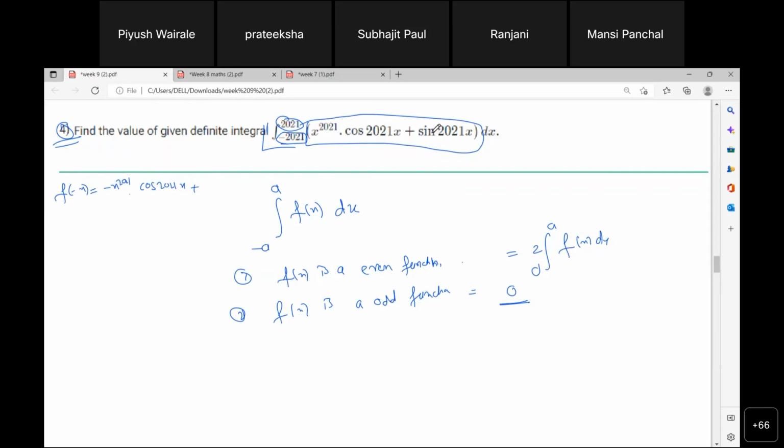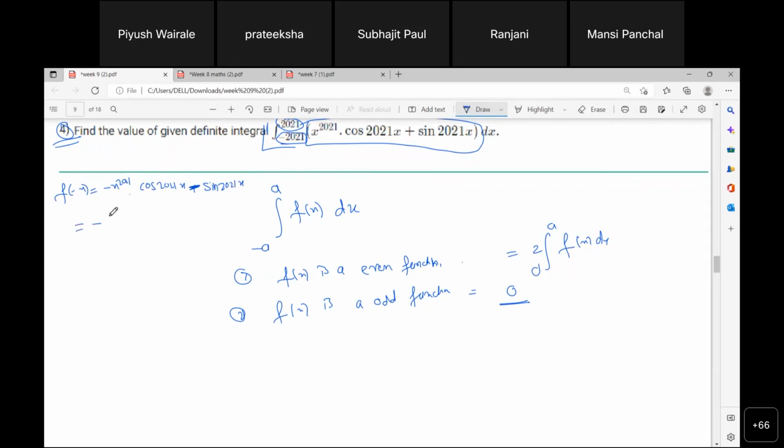And sin of minus x will be minus of sin x, so it will be minus of sin of 2021 x. So I can take minus common. I can write x to the power 2021 into cos of 2 into x plus sin of 2021 x. So basically it is minus f of x. So this f of x is an odd function. So I can simply write this integral will be equal to 0. Value of this integral will be equal to 0.